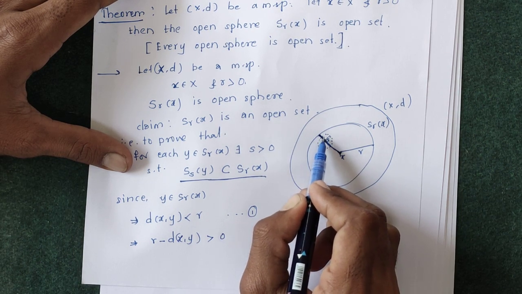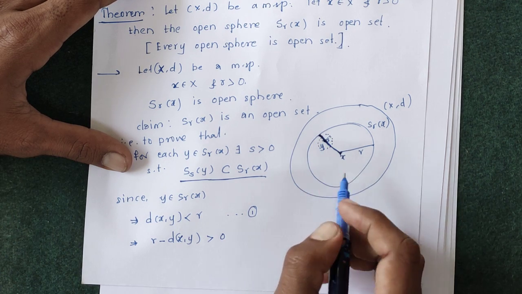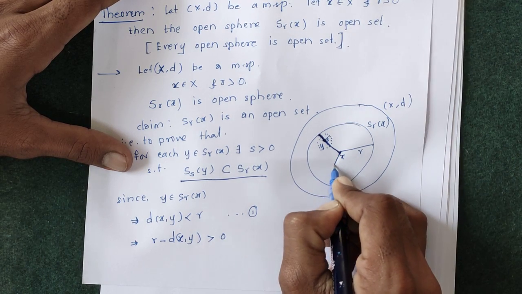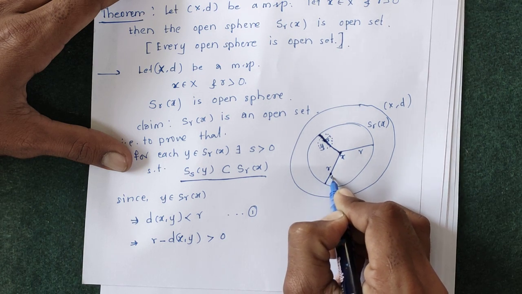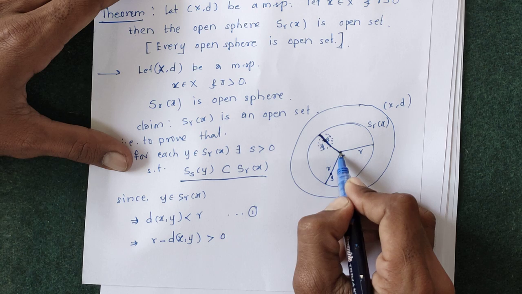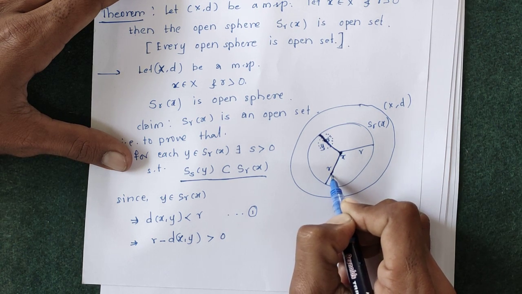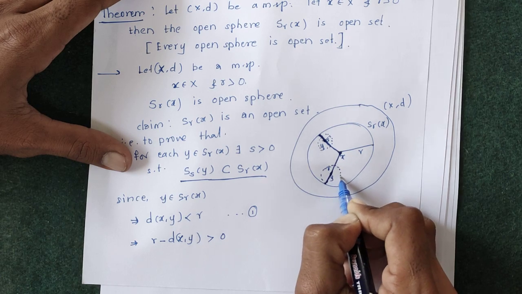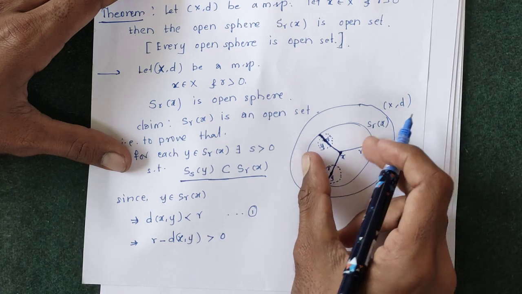This is the remaining distance, and if we take this distance as the radius and draw the open sphere, suppose I take another example. Suppose this is R, this whole is R, and suppose this is Y. Then if we subtract this distance d(X,Y) from R, the remaining distance is this, and if we take that radius and draw the open sphere, then clearly that open sphere lies in S_R(X). This whole open sphere lies inside this open sphere.